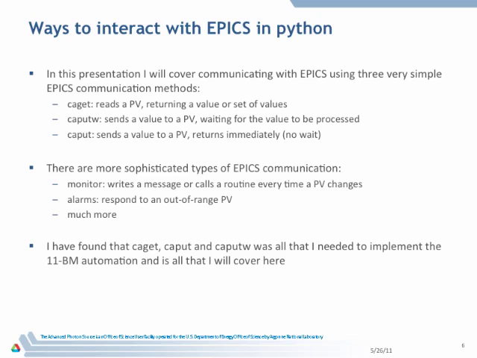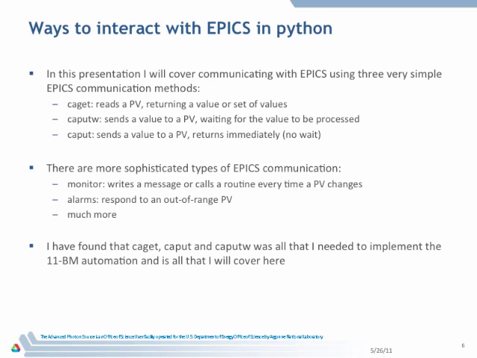You can have other types of callbacks where once something is triggered, something in your code will go. You can do all that stuff, but I don't. I've found for my purposes, everything I've needed to do in EPICS, I've been able to handle with this. So that's what I'm going to cover.